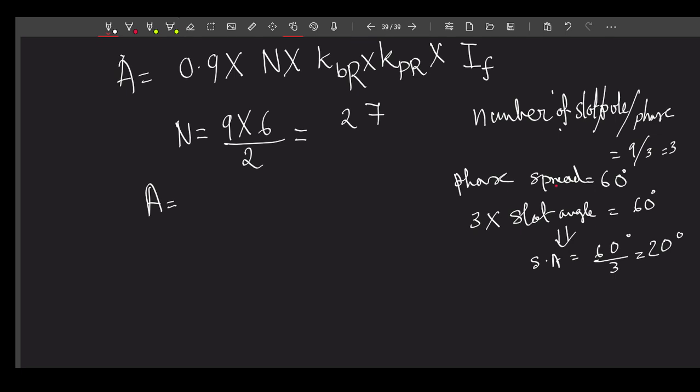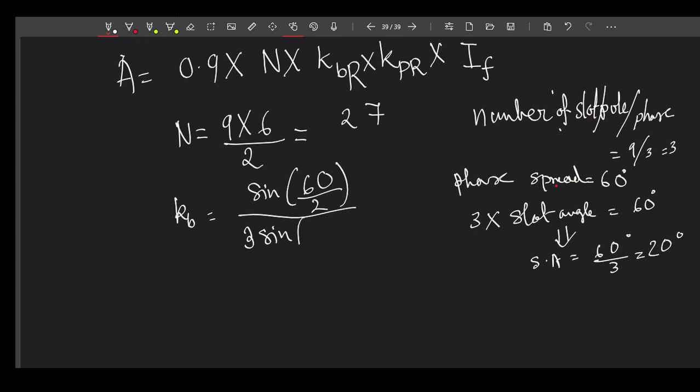So if it is 20 degree, then what it would become? It would become KB is equal to, so if you do it, you will get 0.96, which is very common. And as nothing is mentioned, we will assume Kp is equal to 1. So with this, let us calculate.